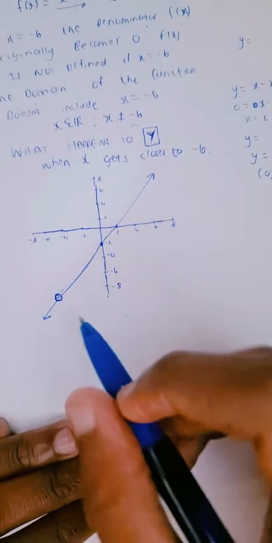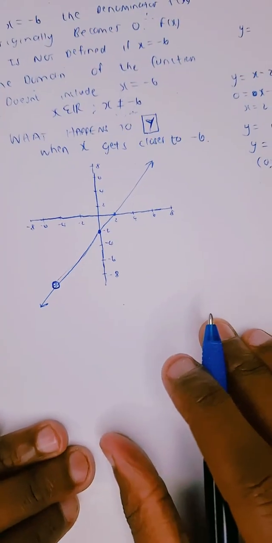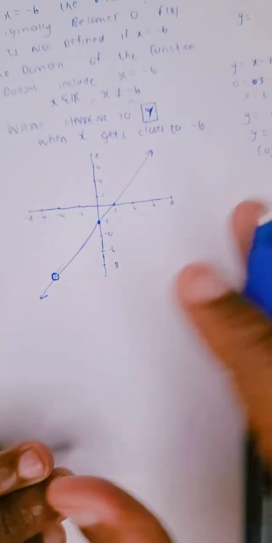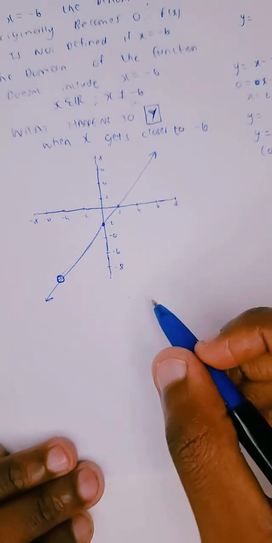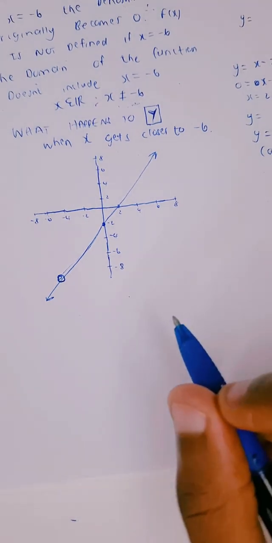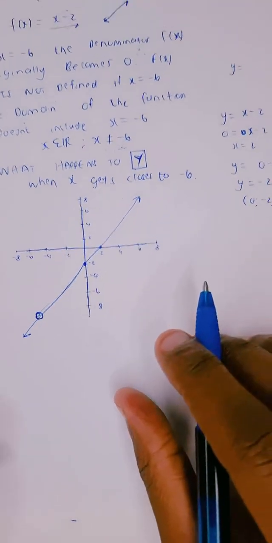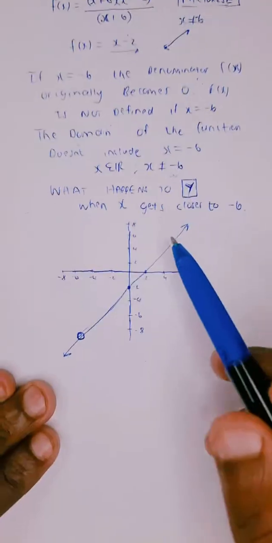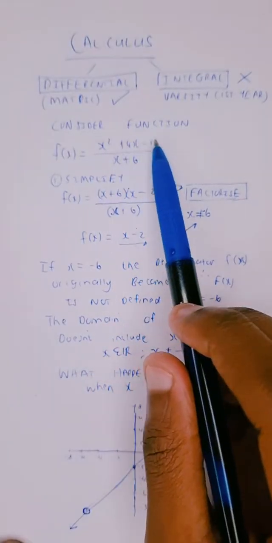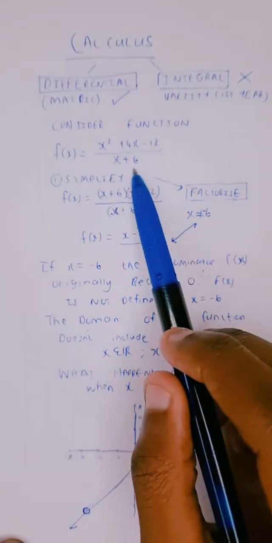Straight line has a hole. Forgive me for the straight line, it's a bit wavy. But this diagram, this straight line, is a representation of f of x is equal to x squared plus 4x minus 12 over x plus 6.